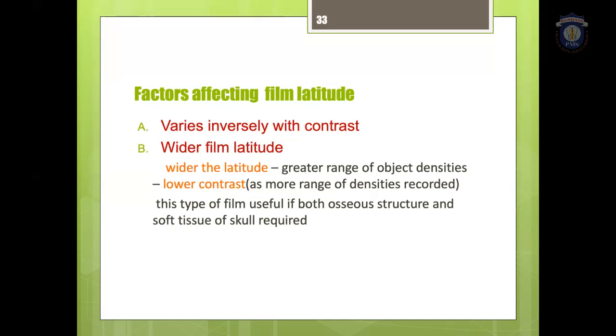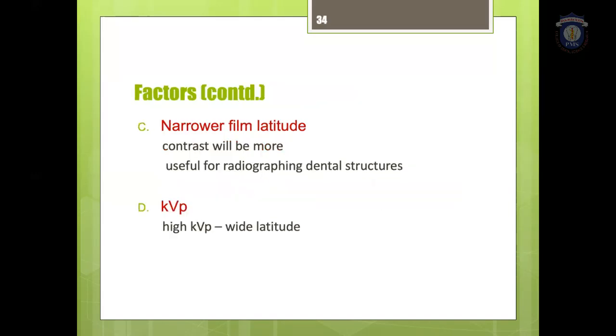This type of film is useful in areas where both osseous structure and soft tissue of a skull are required. With narrower film latitude, contrast will be more, which is useful for radiographing dental structures. In relation with KVP, with high KVP, a wide latitude will be there, with a greater range of densities.